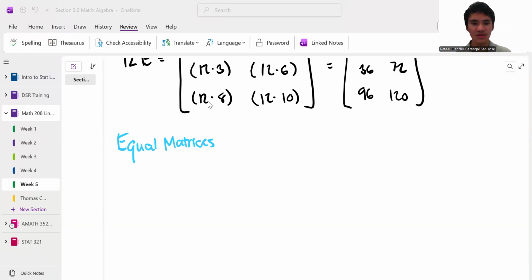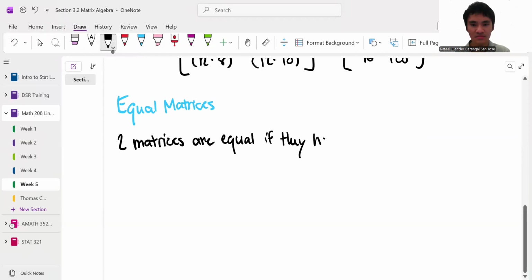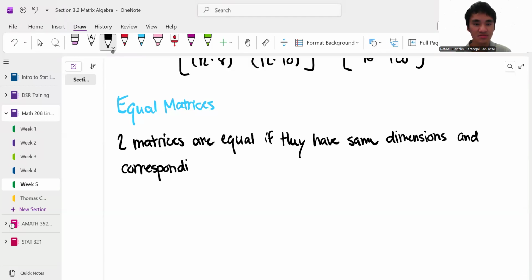So we say two matrices are equal if they have the same dimensions, meaning the same number of rows and columns, and corresponding entries are equal. So they have the same entries or elements in the matrix, which is pretty self-explanatory.